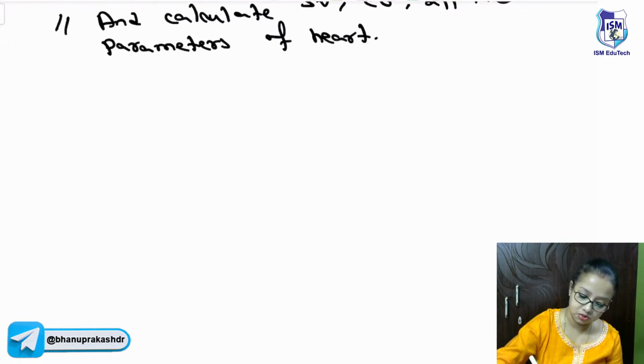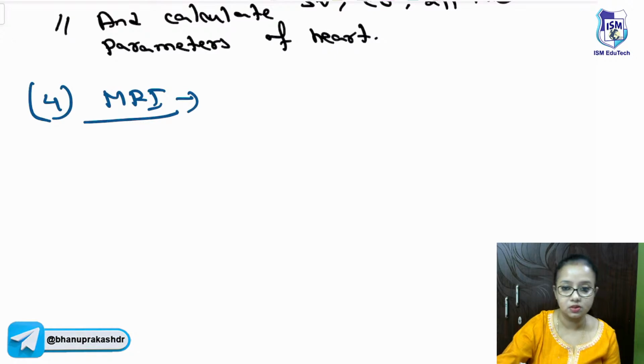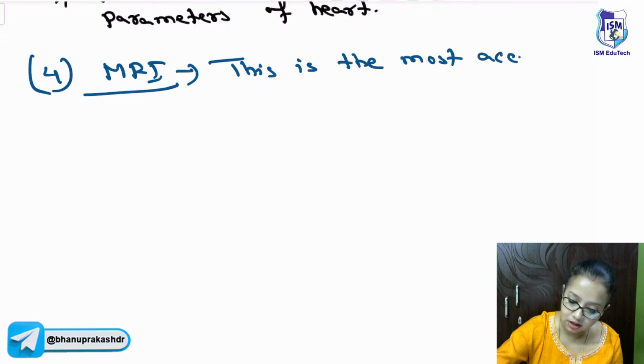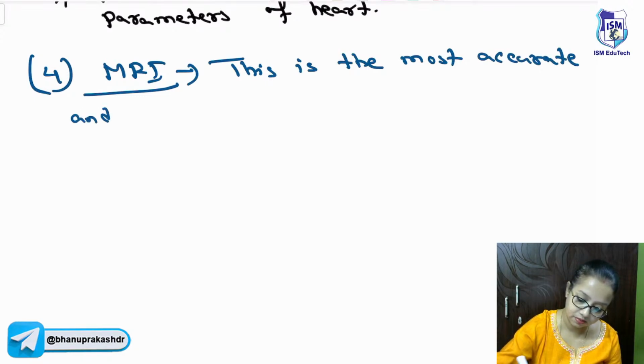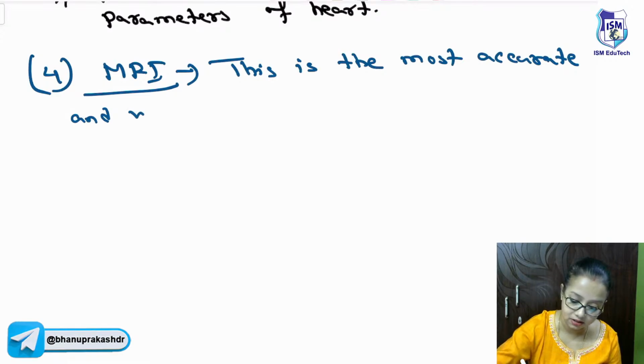Now, what is in use most commonly is the magnetic resonance imaging. Okay. Now, this is the most accurate, and that is after Fick's principle, this is the most accurate and widely used.